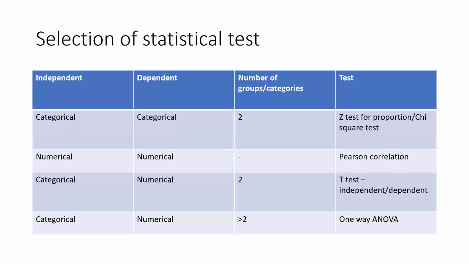And categorical with numerical with more than two categories, one-way ANOVA. We will have to learn this by heart, there is no other way. You will have to remember these things. There is no way to work them out.